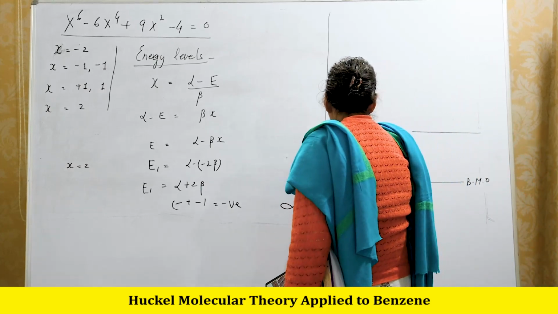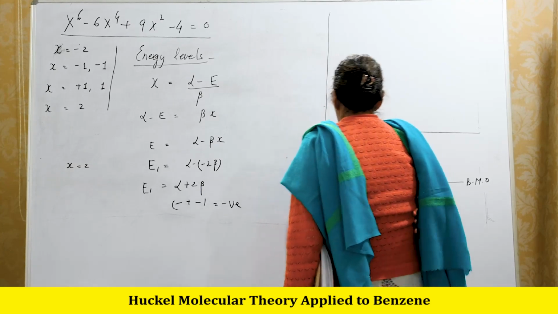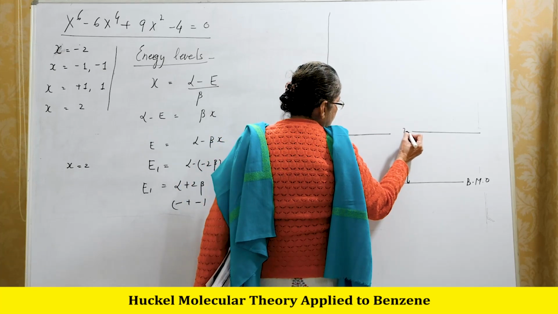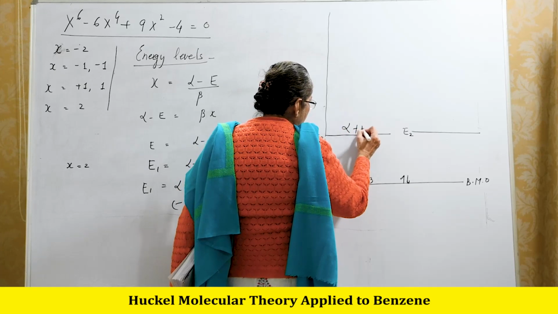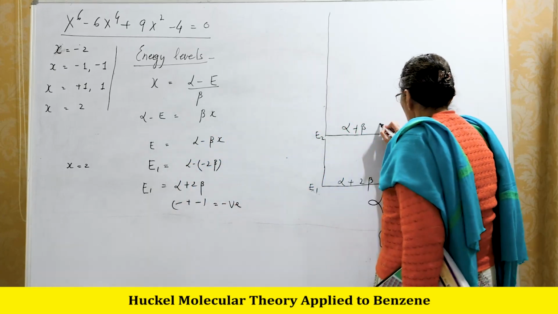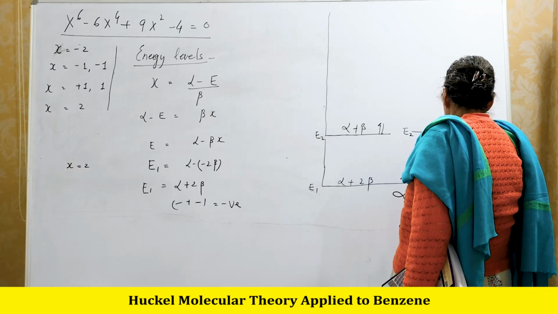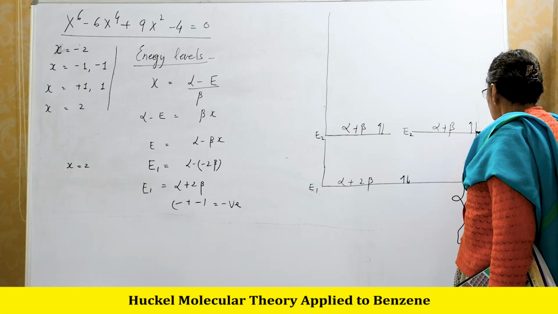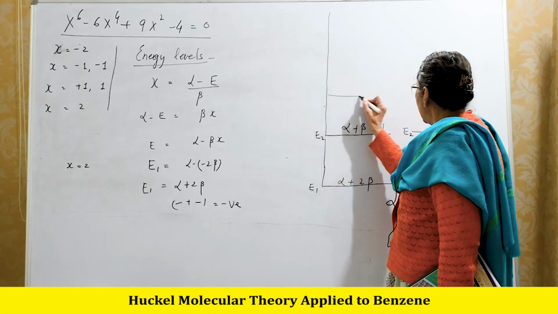This is E2, and this is E3, and this is alpha plus beta having 2 electrons, and this is the case of degeneracy, and this is again non-bonding.